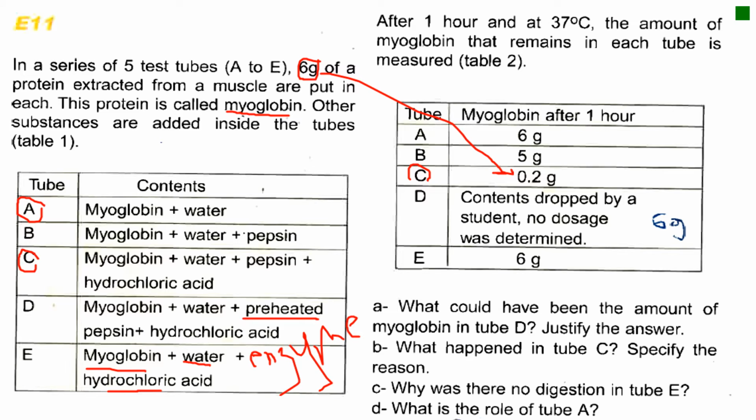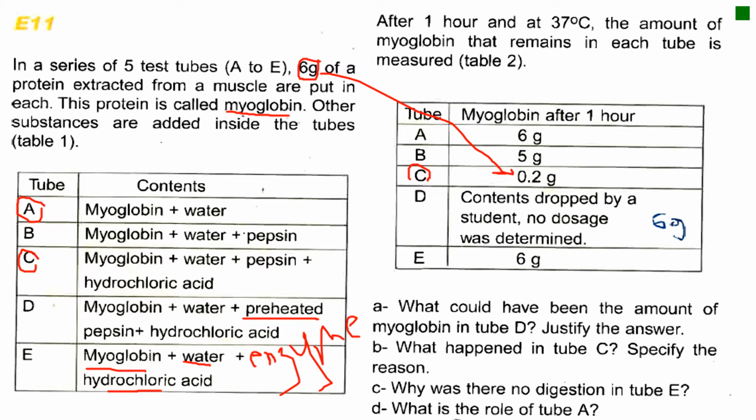Okay, so this shows there is partial digestion, little digestion of myoglobin. Tube C shows 0.2 grams. So the quantity has decreased from 6 to 0.2, so it's approximately 0. So there is digestion in tube C.